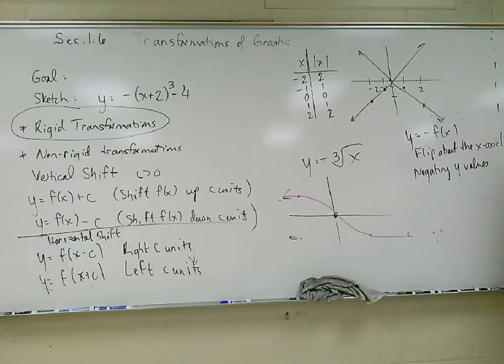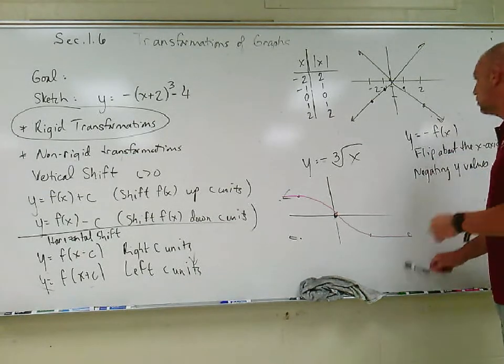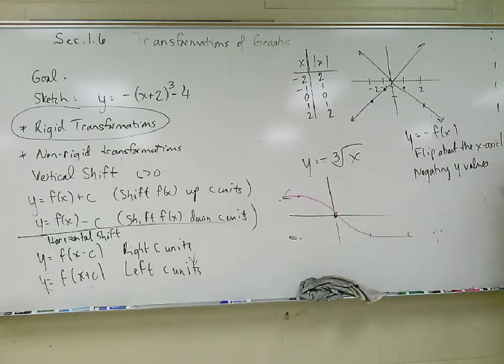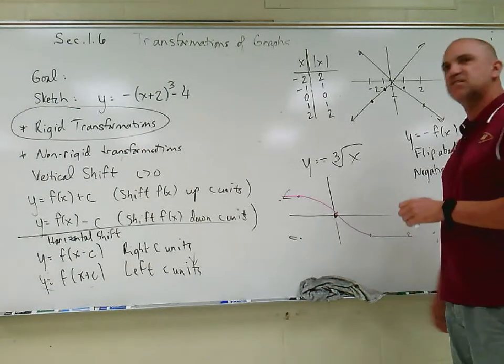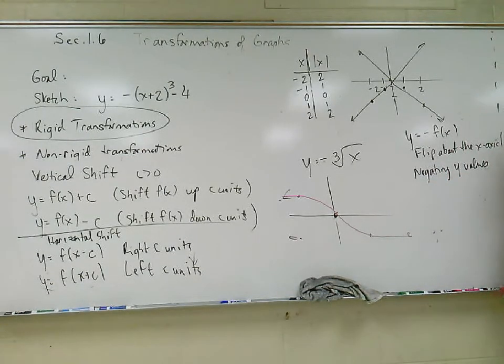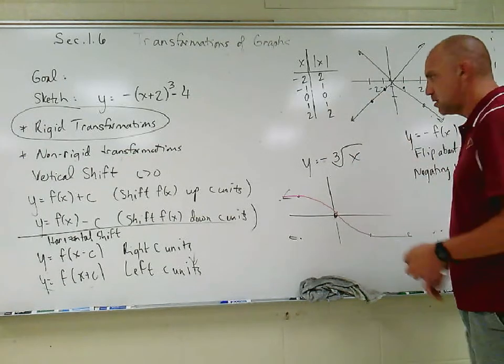Okay, so how would we write this? Oh, I already did, sorry. So like this. That's the general way for any graph if you have a negative in front. Flips it. Okay, is this still a rigid transformation? Have I changed the shape of the graph? No, I've just changed where it's at. I've just flipped it. If it was made out of wood, I haven't changed the shape. I'm just rotating it, okay?